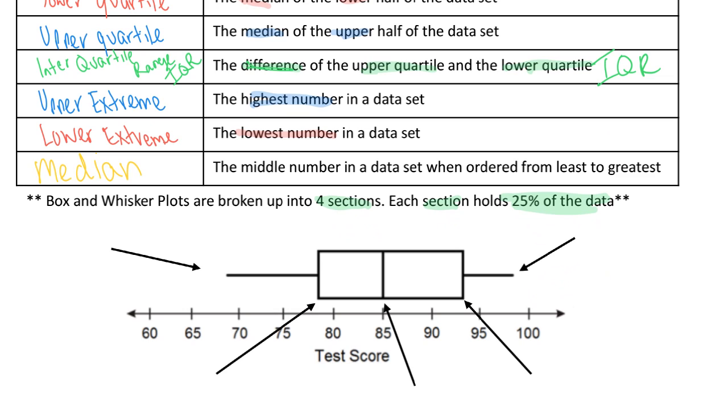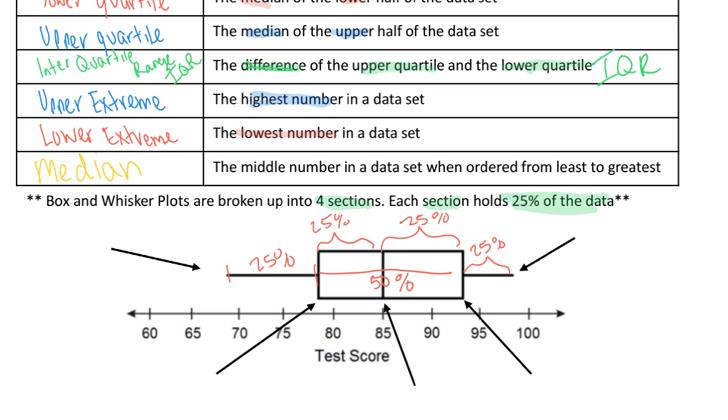So this part from here to here is 25%, from here to here is 25, from there to there is 25, from here to here is 25%. And from here to here is 50%. So each section holds 25%, and that middle box is 50% of the data.